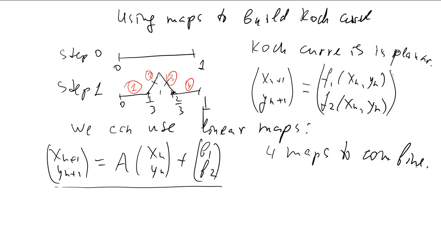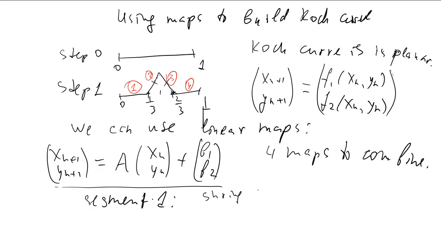First map is relatively easy. Segment 0, 1 is just shrunk to segment 1 over 3. So segment 1 and any other segment generally can be shrunk.